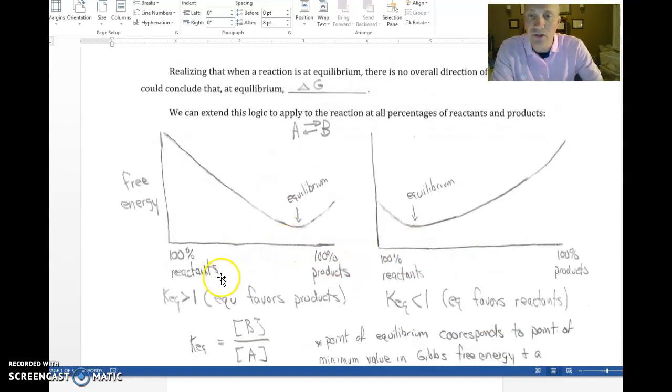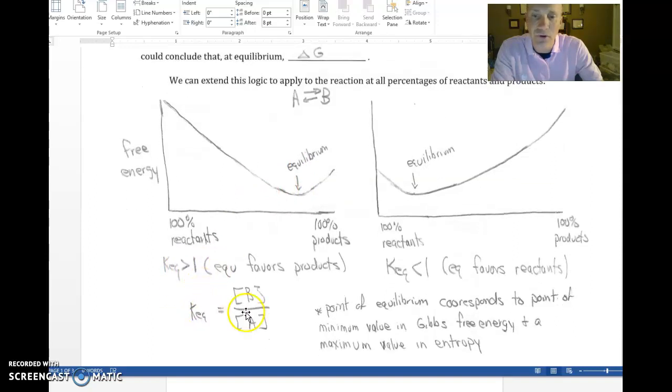This is the type of graph that you would have if your equilibrium constant was greater than 1. The reason for that is that whenever it's greater than 1, if you write your equilibrium constant, you have a larger numerator than denominator. That means the equilibrium position would be closer to the point where you've got higher amounts of products.